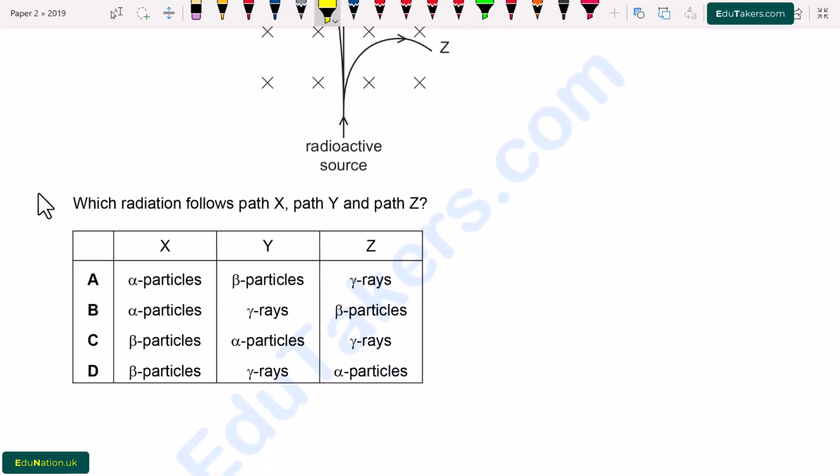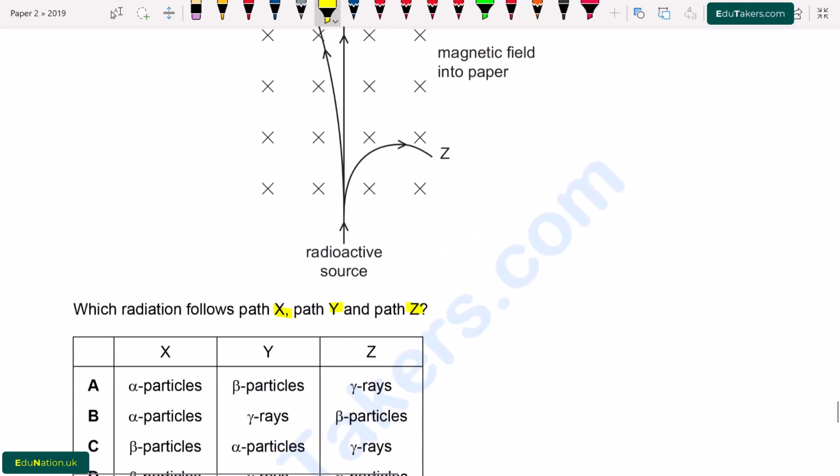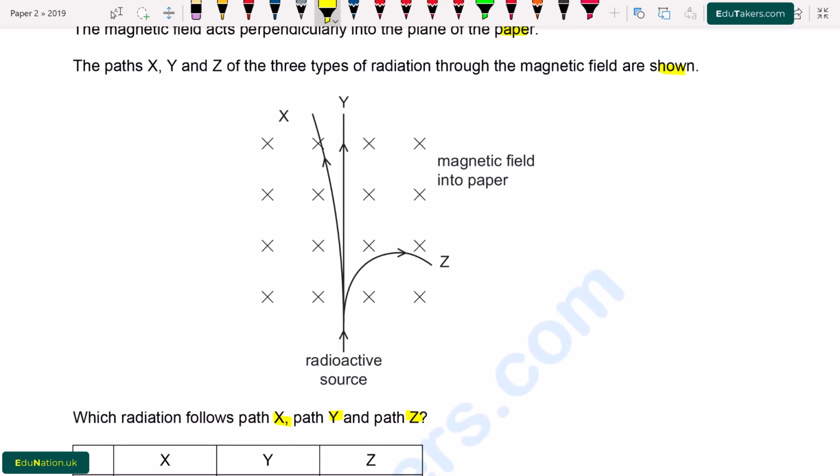Which radiation follows path X, Y and Z? Here we see the diagram. There are three types of radiation: alpha particles, beta particles and gamma rays. We know that the mass of the alpha particle is very large as compared to the beta particle and gamma rays.